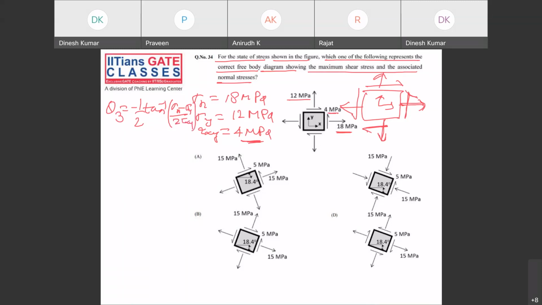So this is the formula. Substitute all the values in this formula and tell me, guys, what is theta 3?